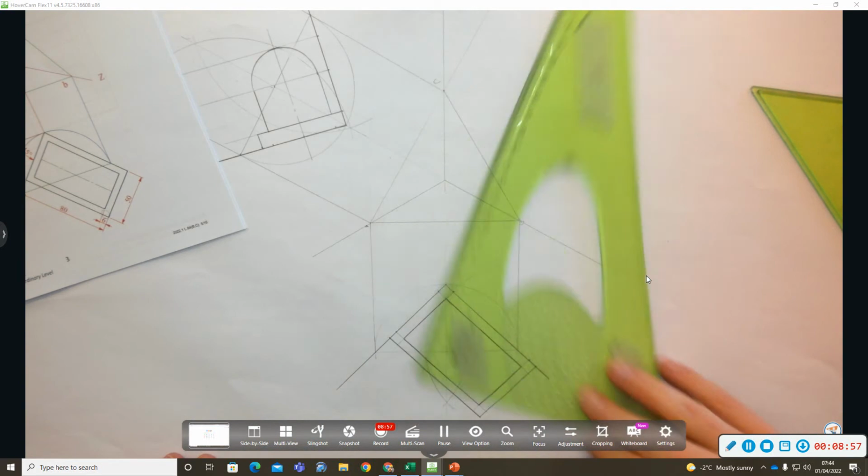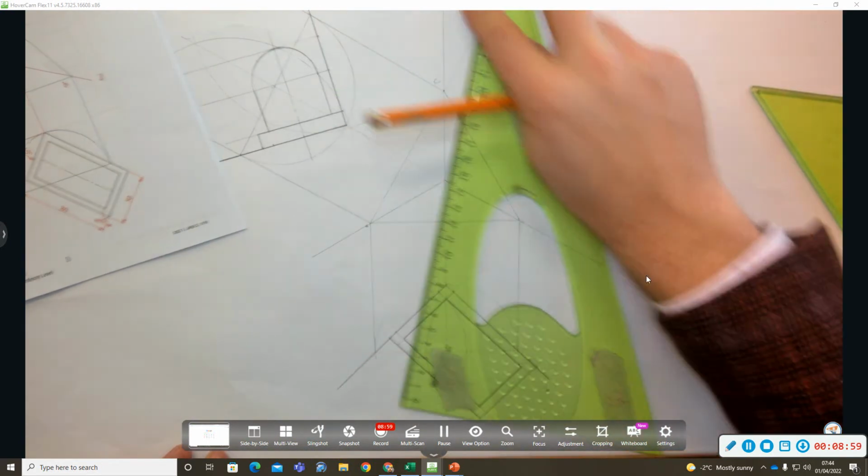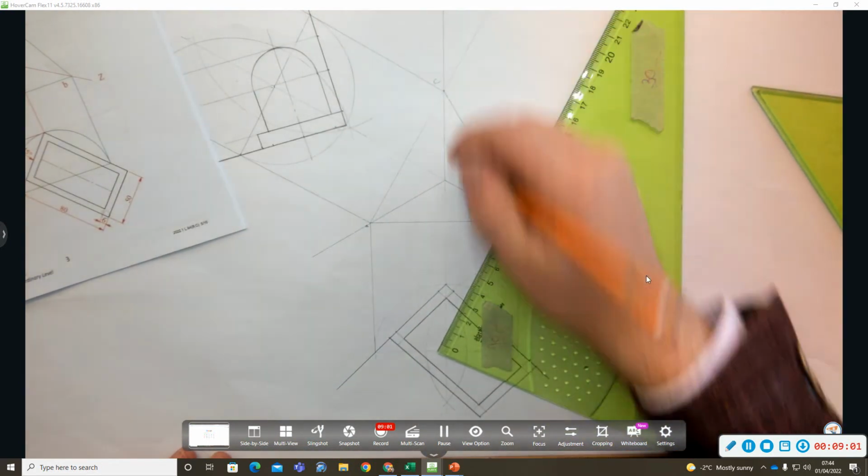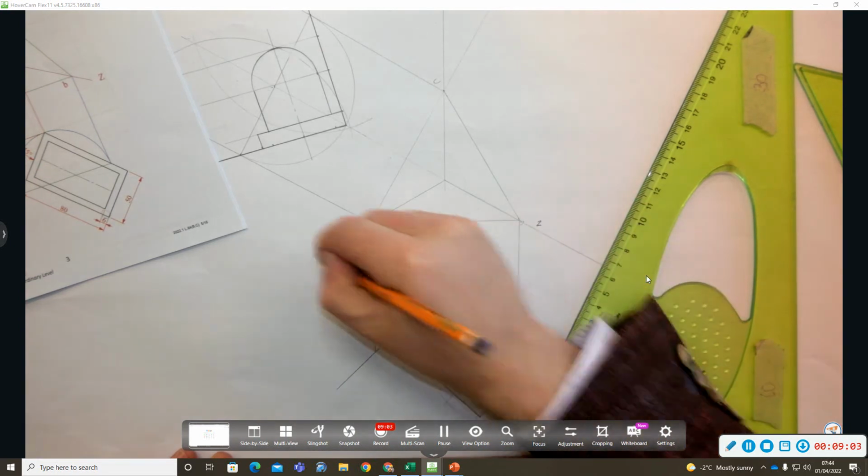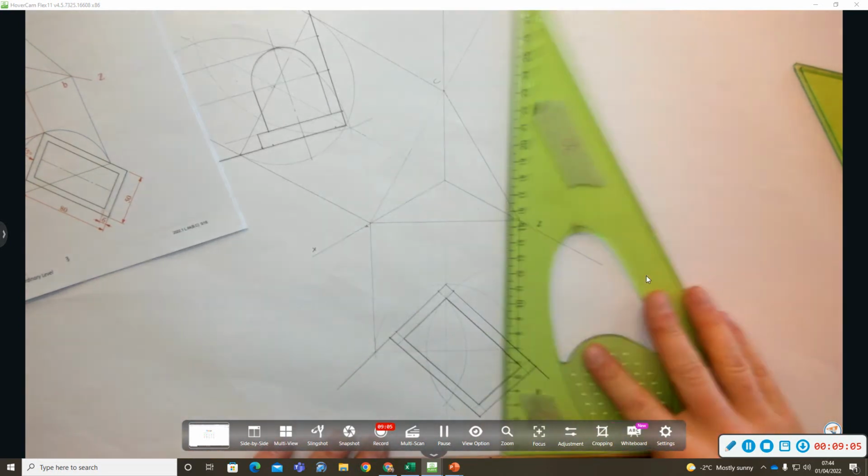Now, you can project upwards, parallel to the y-axis. Okay, and project parallel to the z-axis, and project, don't need the x-axis.